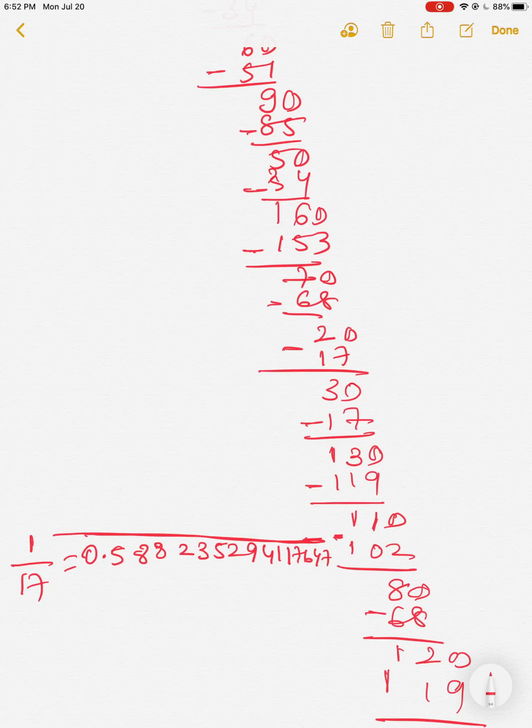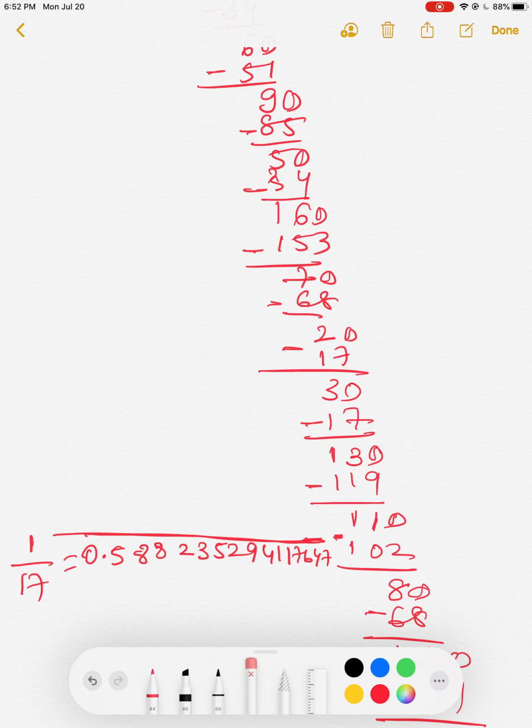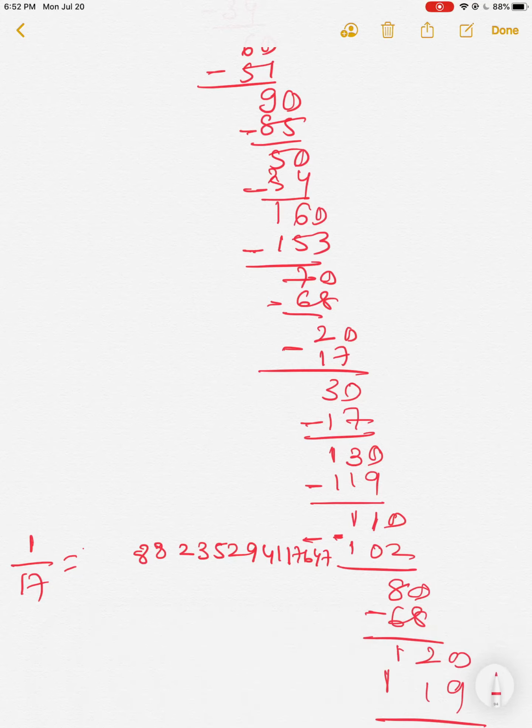So how many digits are repeated here, that we have to find. Here we will be getting 0.0588. This will be repeated.